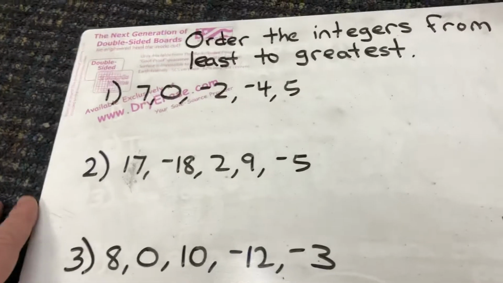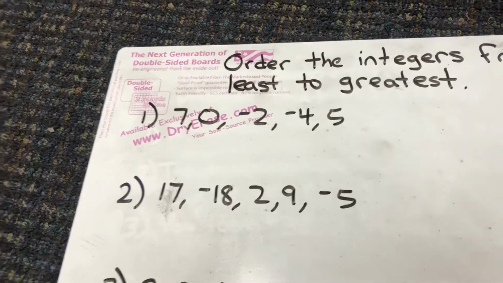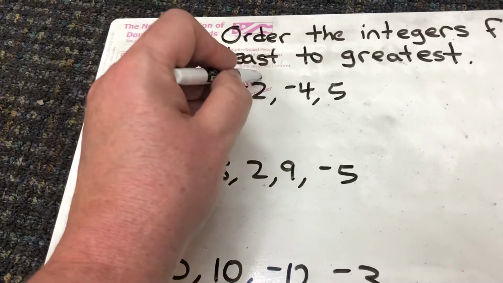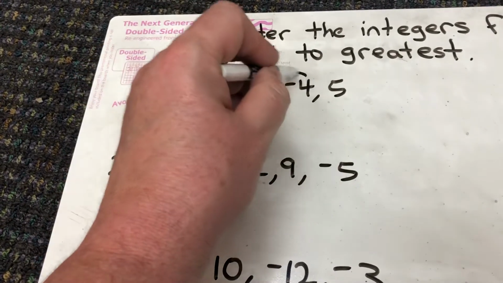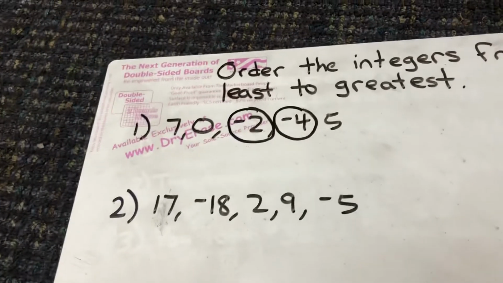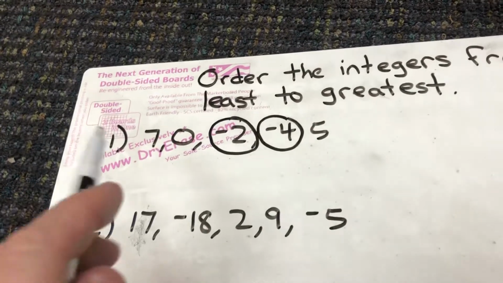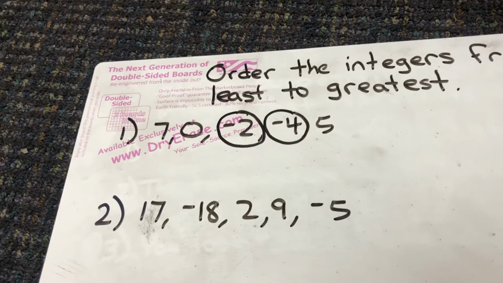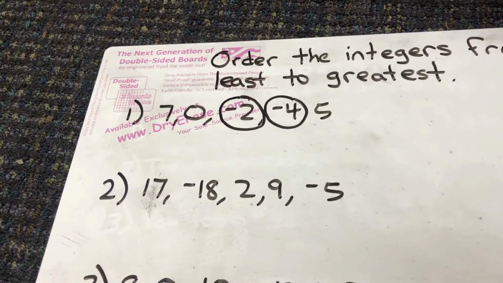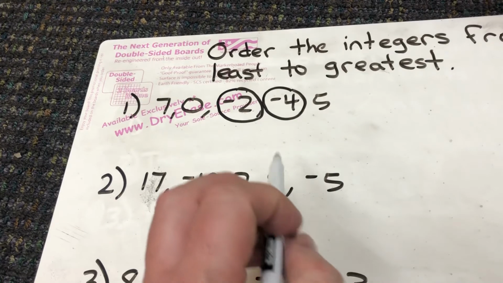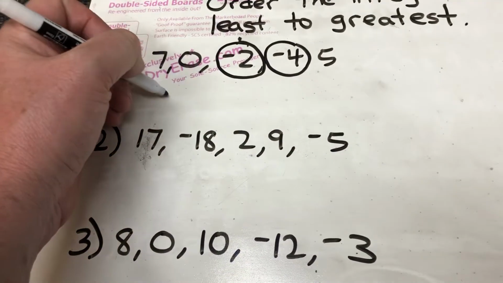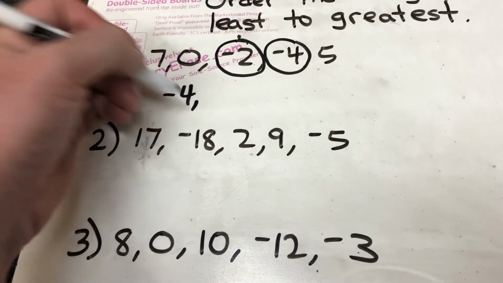So when I'm comparing negative and positive numbers, the first thing I want to do is identify the negative numbers. Well, I've got negative 2 and negative 4, and I see that I've got a positive 7, a 0, and a positive 5 as well. When I think about the least number, I know that I'd rather have my brother take 2 pieces of candy instead of 4, so negative 4 is the smallest number.